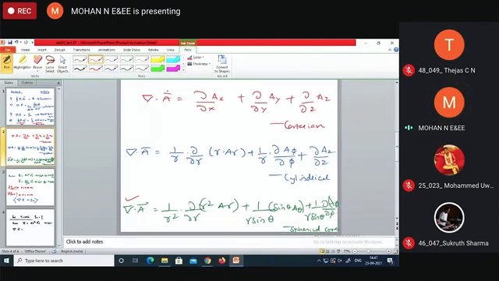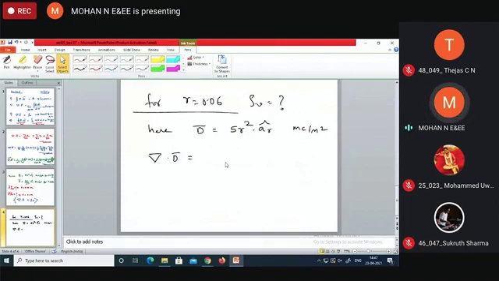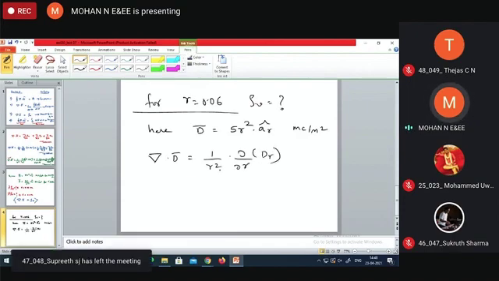So what do we have now? The gradient of D vector is along only the radius part. So we use 1 by r square into dou by dou r of r square into D r only, and the component of D along theta and phi is 0.